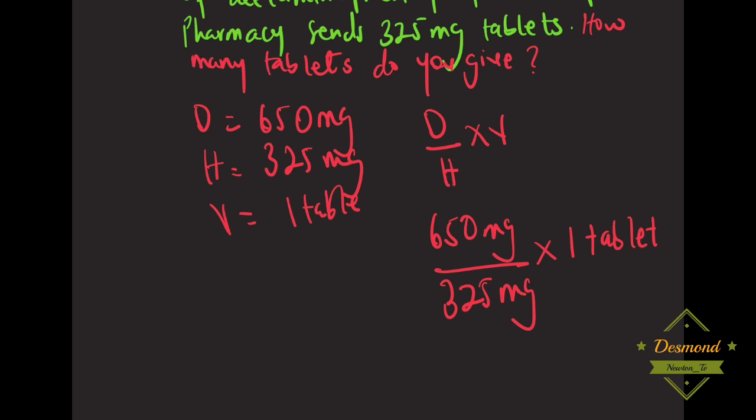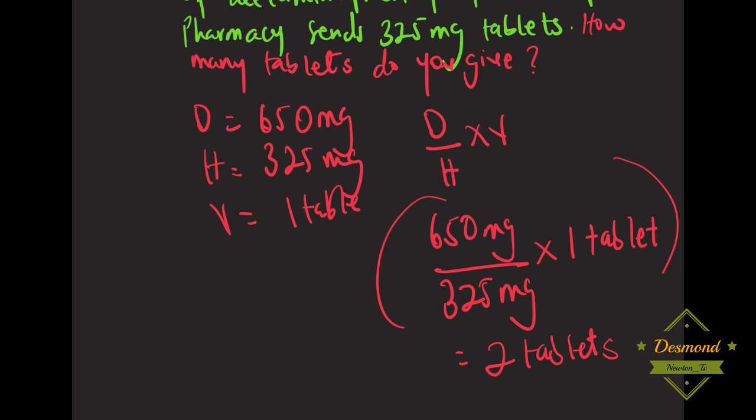When you do this, we get 2 tablets. You can pause the video and put this calculation on your calculator to see what you get. So our final answer is 2 tablets. We are going to give 2 tablets to the patient.